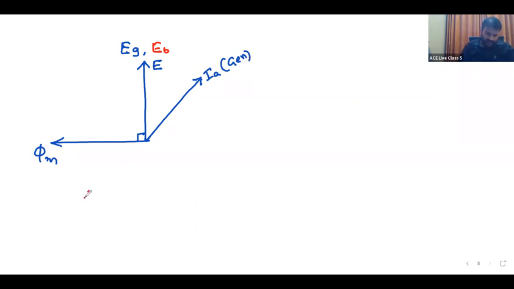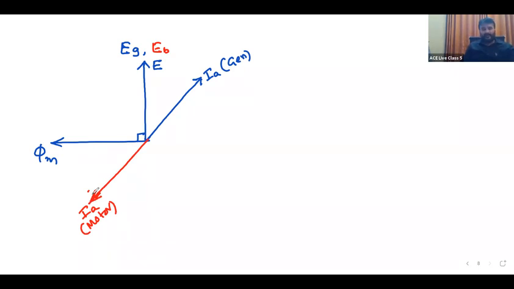This is for the motor. The motor current is in exactly the opposite direction, for the same power factor, 0.8 lagging only.